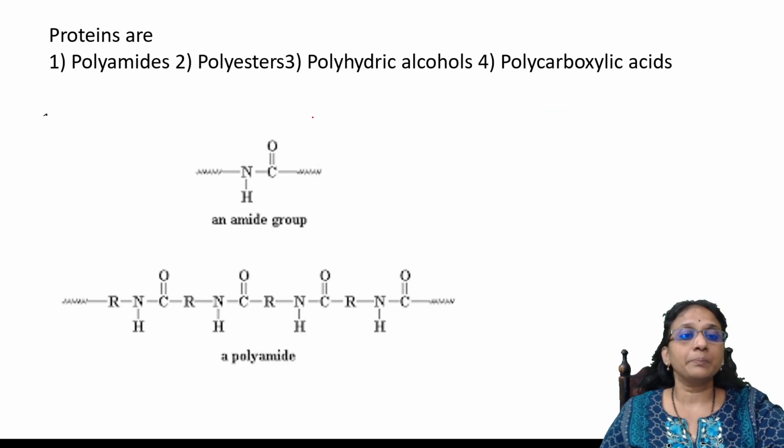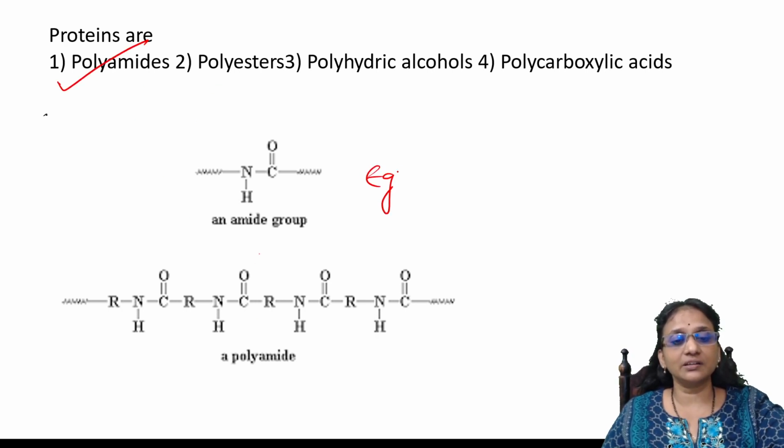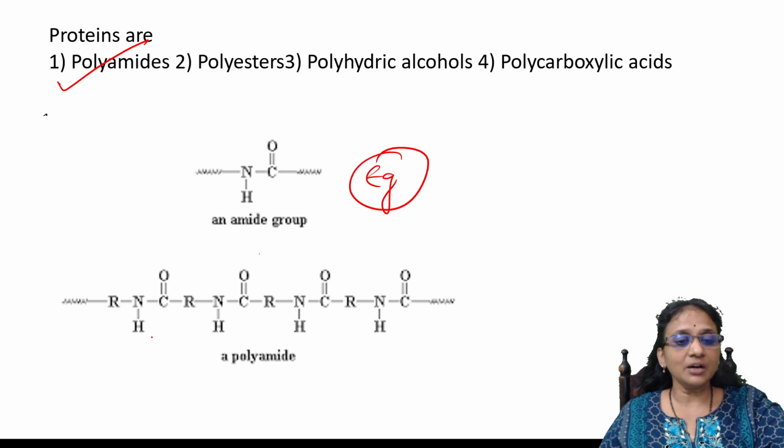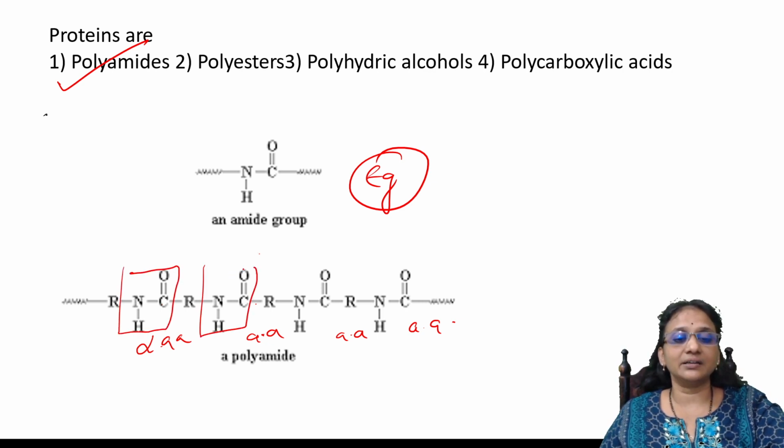Next question. Proteins are what? Yes, the answer is polyamides. Check the example I have here. An alpha amino acid combines with one more alpha amino acid, one more, and one more. Everywhere there is elimination of a water molecule, and you get amide linkages. This is all amide.